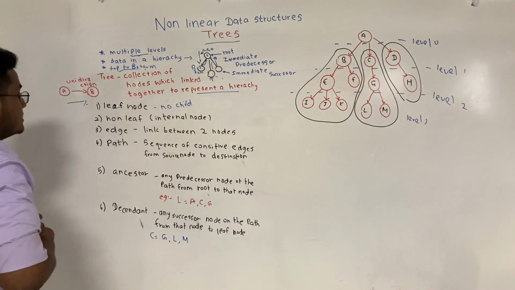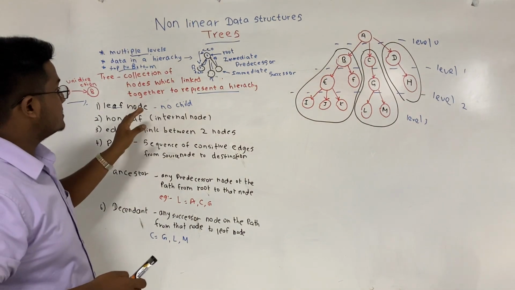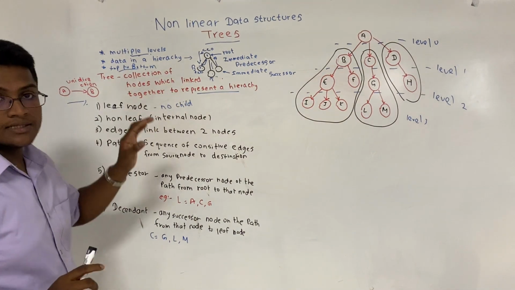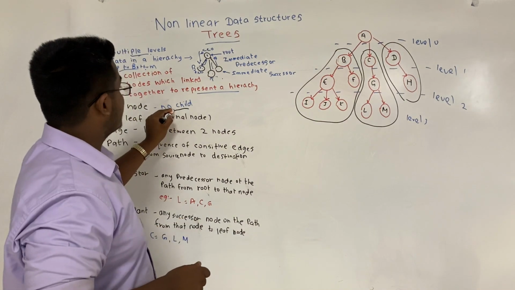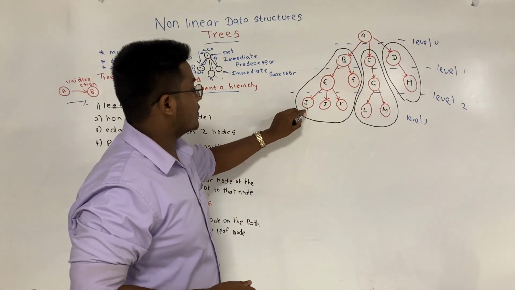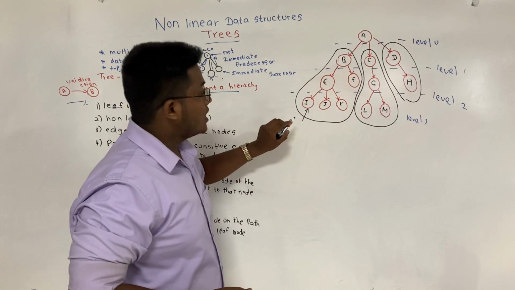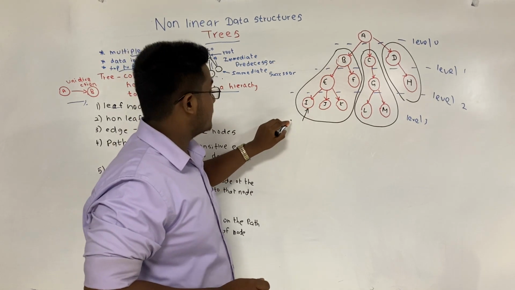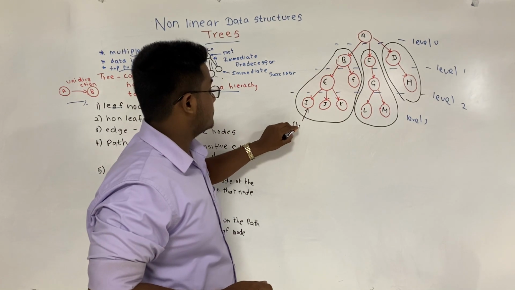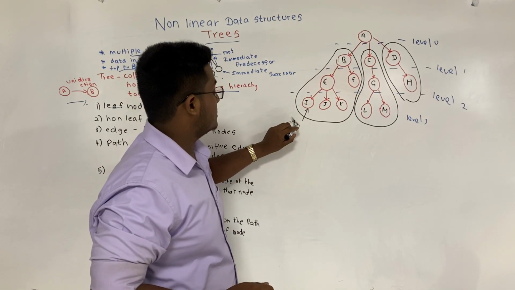A leaf node is a node that does not have a child. This is a leaf node. You can see in this node there are no children. This is a leaf.